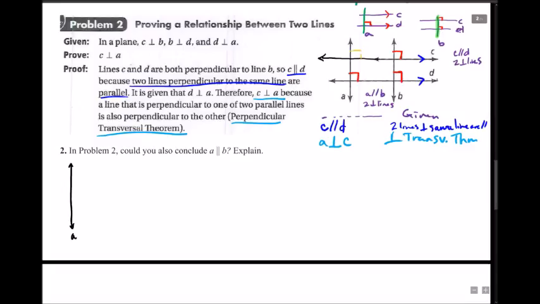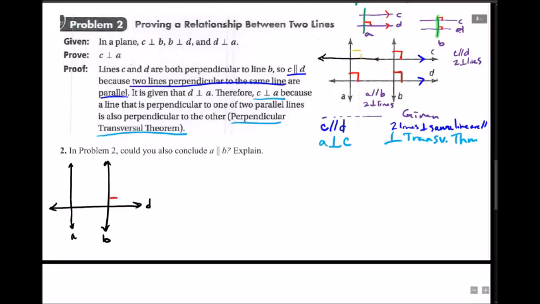There's A, line B, and we can just take this last step that we had, and this can be either line C or line D. What do we know here?